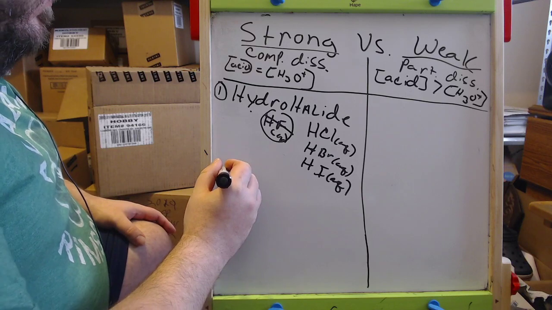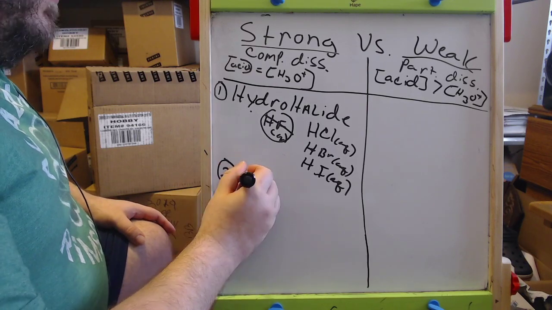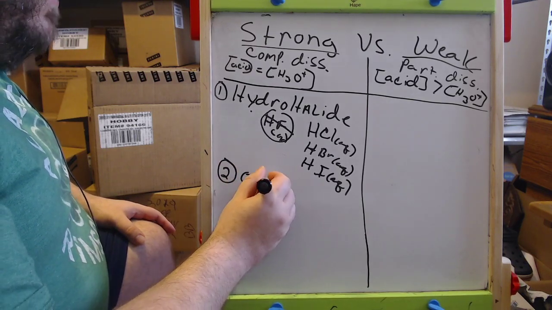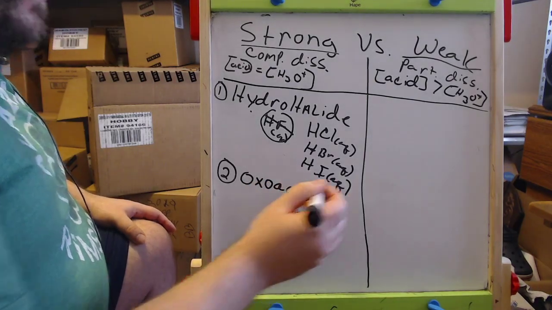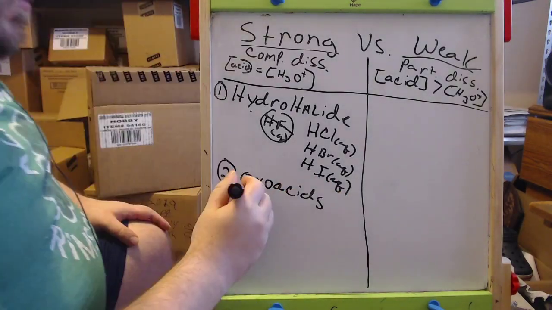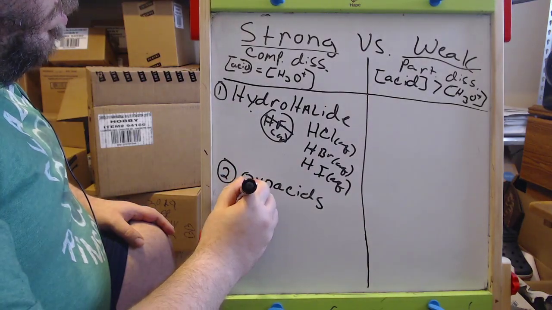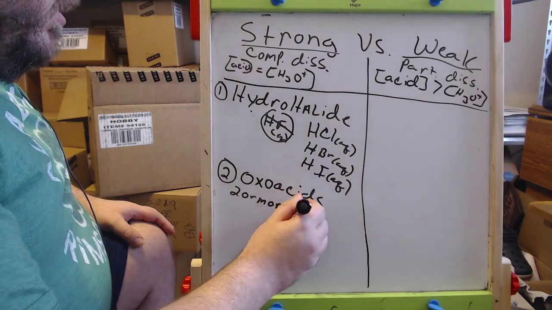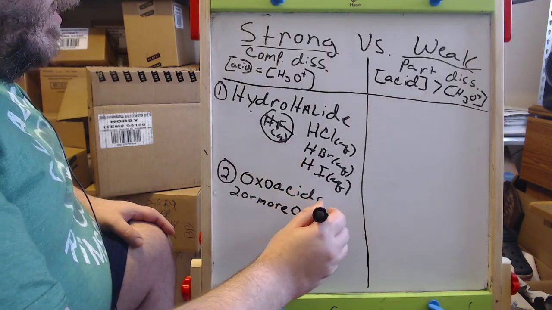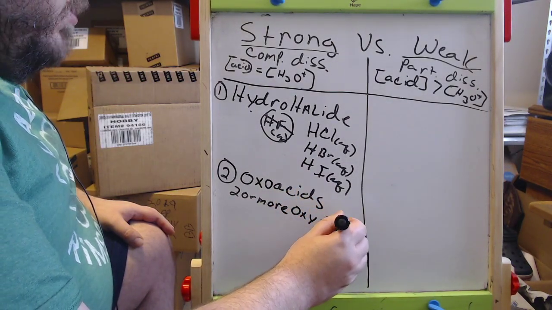Number 2, oxoacids. That means they contain oxygen. But there's a special caveat with my oxoacids. There has to be 2 or more oxygen than hydrogen.